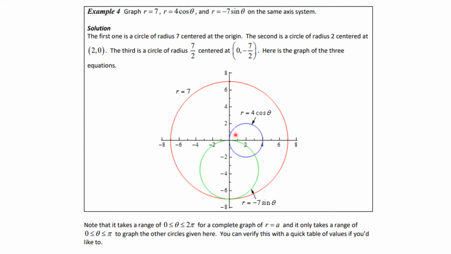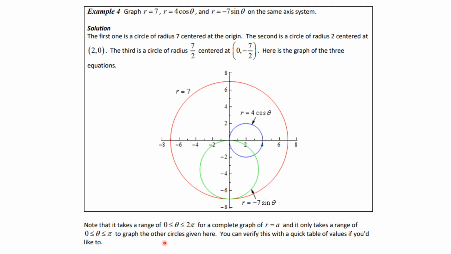And r equals minus 7 sine theta is going to be the green circle. It is centered at (0, minus 7/2), and it's of radius 7/2 as well. So both the blue and the green are tangent to the origin, and that's what we ended up with.